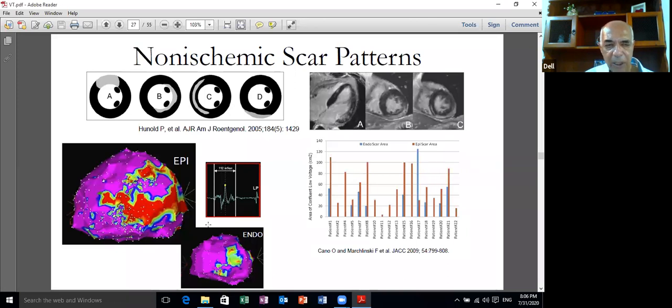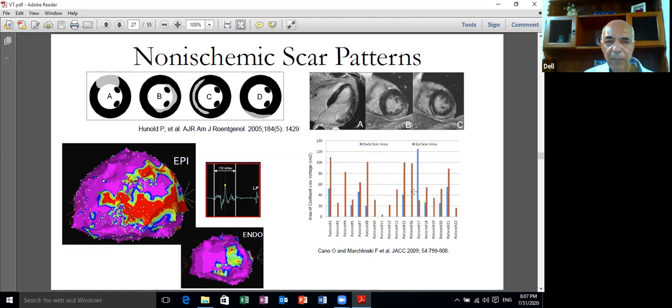You can approach the epicardium through a subxiphoid intrapericardial approach or sometimes through the coronary sinus. On the right side here is a study which was done several years ago. It was 22 patients, comparing ischemic with non-ischemic cardiomyopathy, and you will find that in 21 out of 22 patients with non-ischemic cardiomyopathy, the scar was epicardial rather than endocardial.